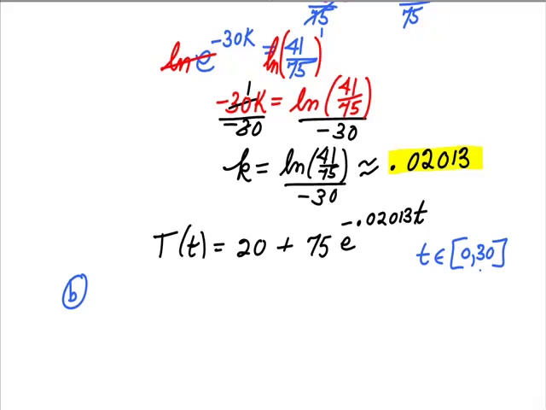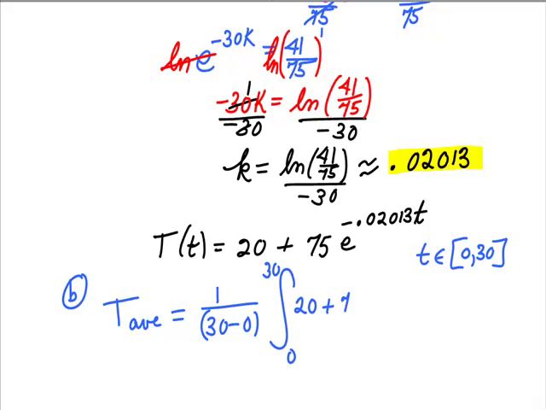So we get T average is 1 over 30 minus 0, the integral of 0 to 30, 20 plus 75 e to the negative 0.02013t dt. And this is going to be the average temperature. So we're going to work this definite integral. I'm going to work it on the next page.